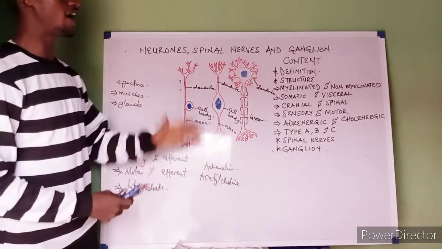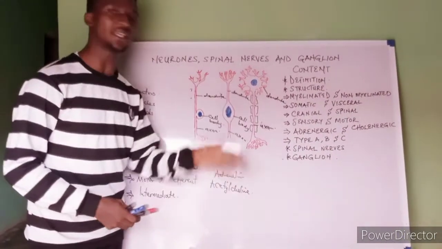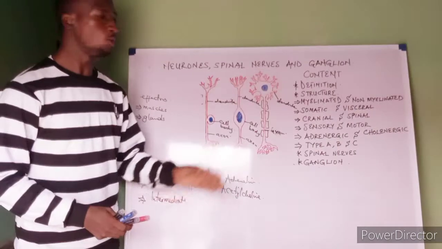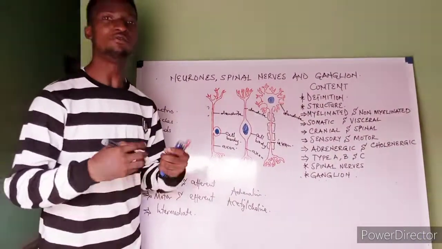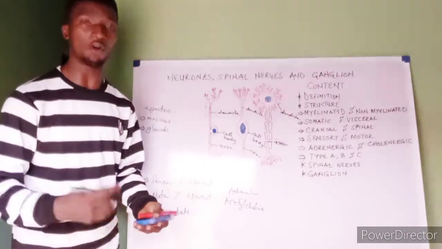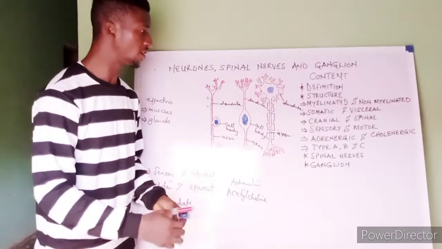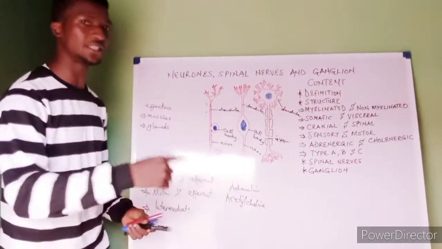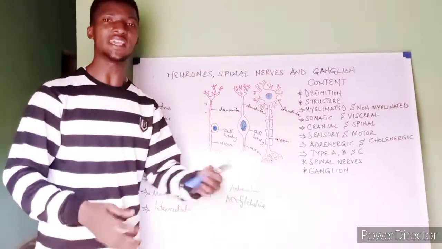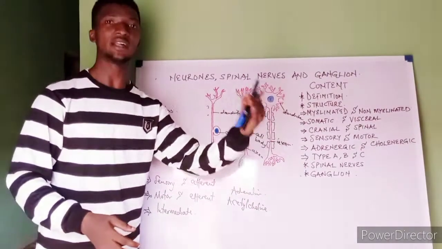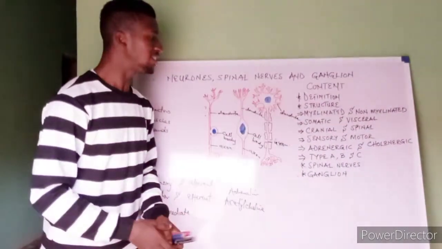We also have what is referred to as type A, type B, and type C nerve cells. These are classified based on the rate, or velocity, of conduction of impulses. Type A consists of alpha, beta, gamma, and delta.